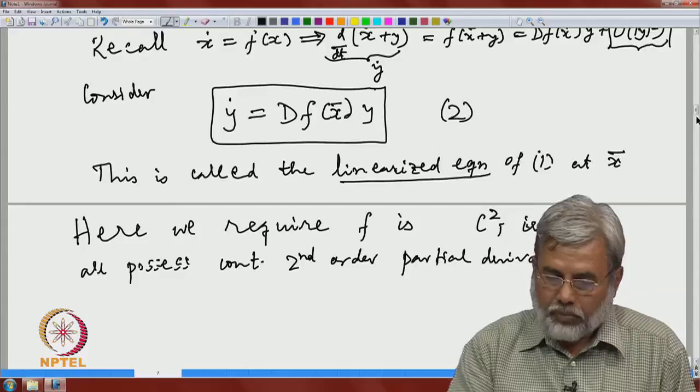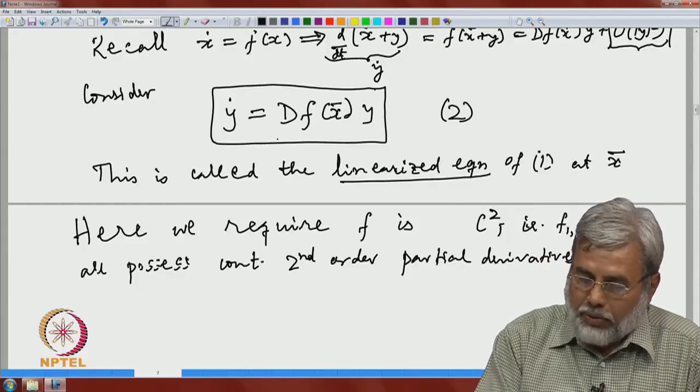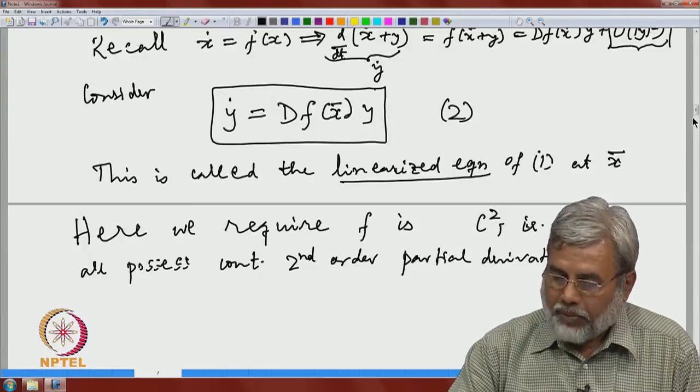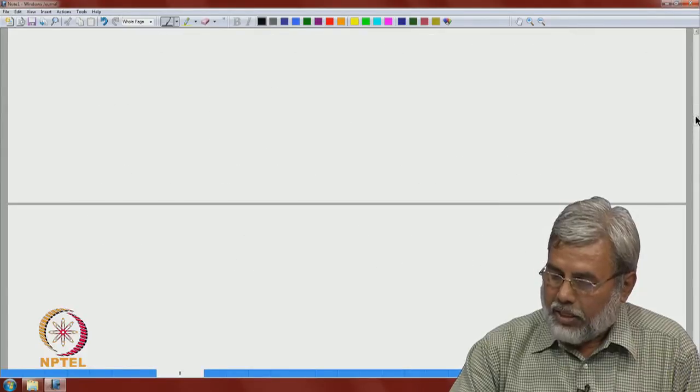Okay. So, now this is just a linear system. So, we have to just concentrate on the eigenvalues of this thing.